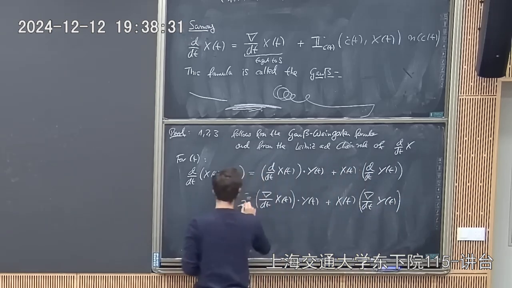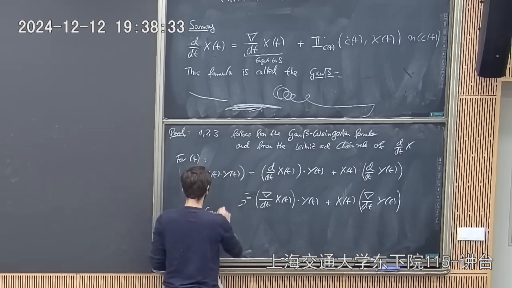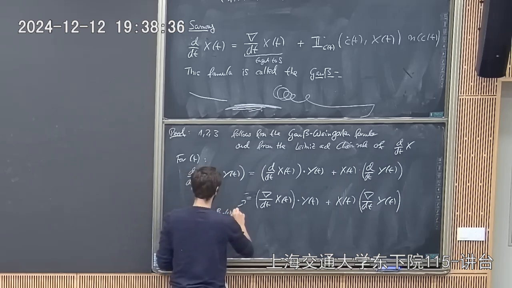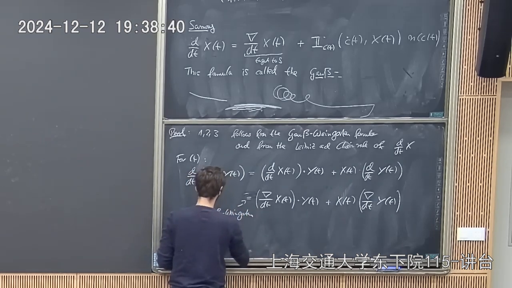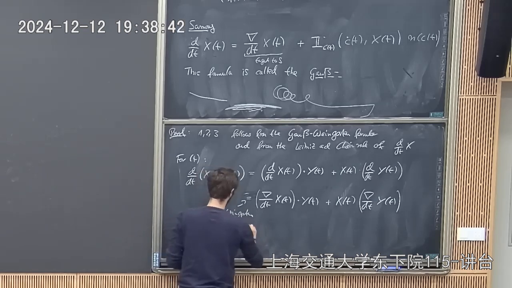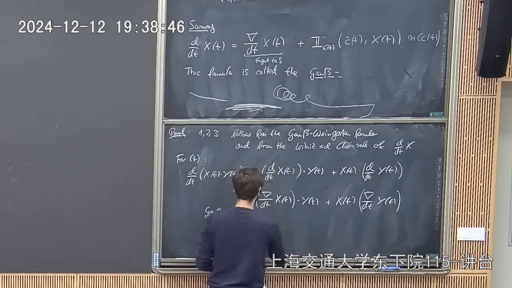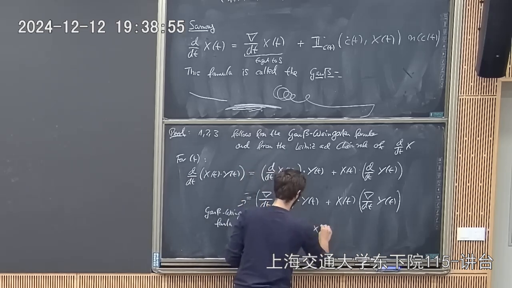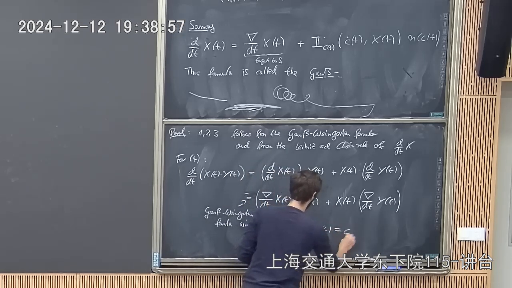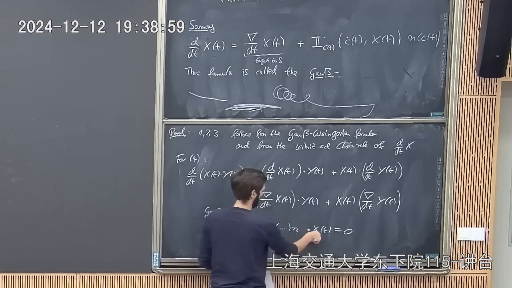So here, again, the Gauss-Weingarten formula, using the fact that the second fundamental form term is proportional to n, and then you take the inner product with x of t, which equals 0, because this one is normal and this one is tangent.